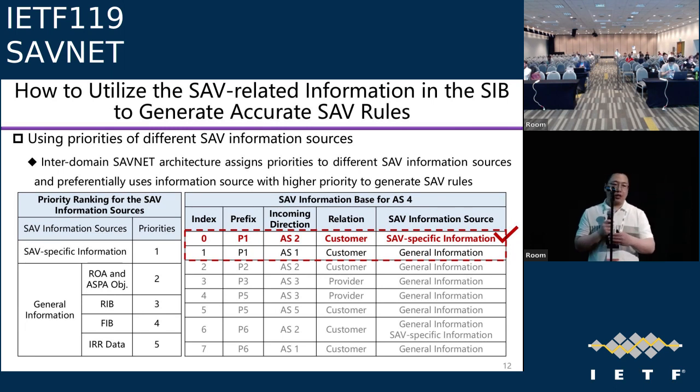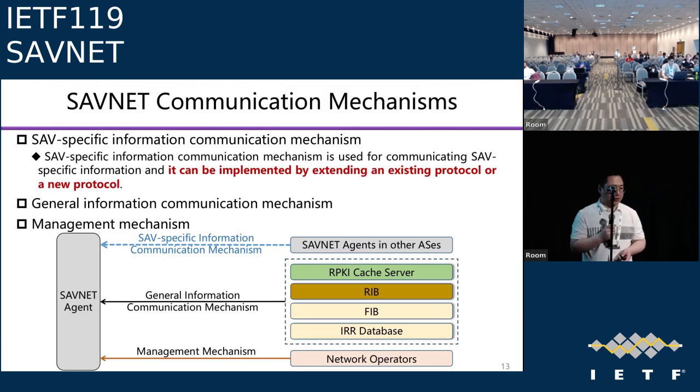The priority ranking from 1 to 5 represents high to low priority. In the cell information base of AS4, the prefix P1's incoming directions are different for the cell-specific information and general information. The inter-domain Savnet recommends using the cell-specific information to generate cell rules for prefix P1 here.